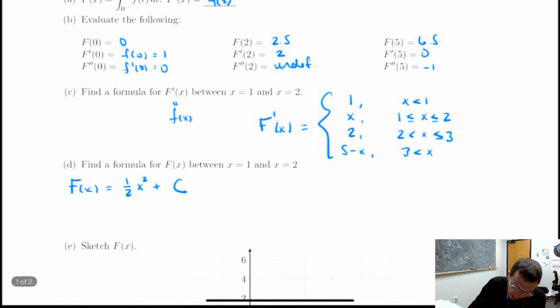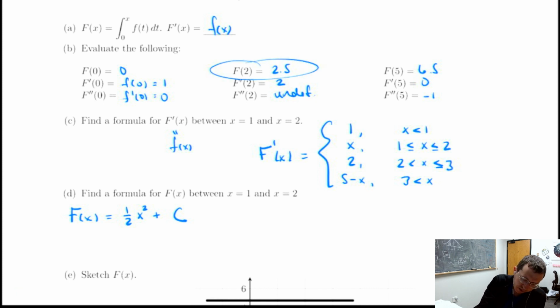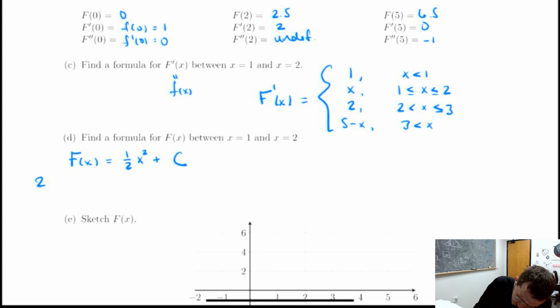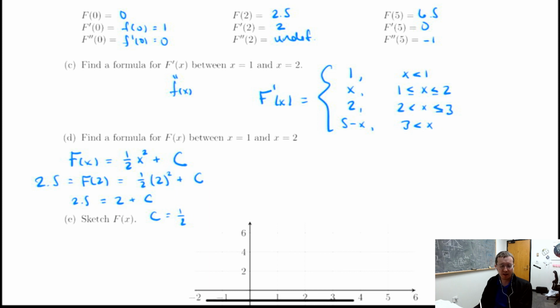Because we have some actual values we could look at. For example, I know that capital F of 2 is supposed to be 2.5. So 2.5 is 2 plus c, which means c can't be any constant whatsoever. It actually has to be 1/2, which means that F of x is 1/2 x squared plus 1/2.